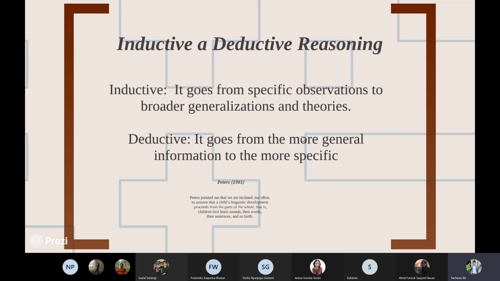Whereas in deductive reasoning, it goes from more general information to the more specific. It can be said that both inductive and deductive reasoning are important pillars in the process of overgeneralization.